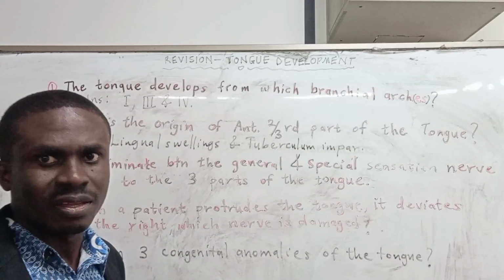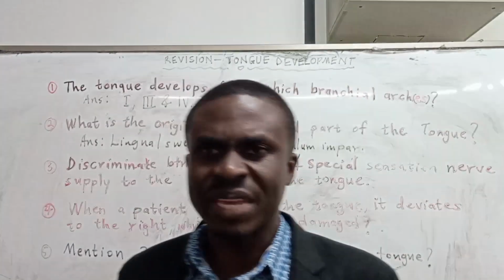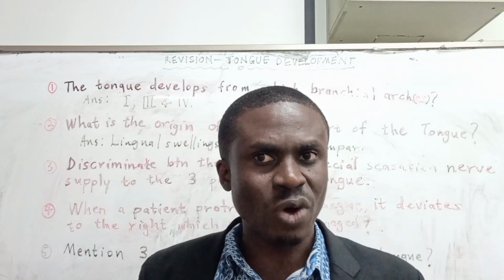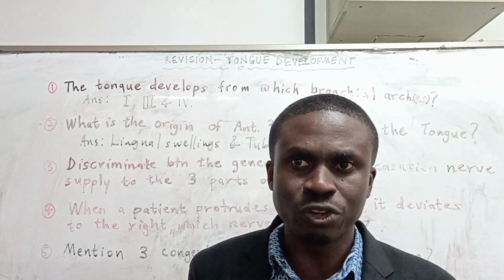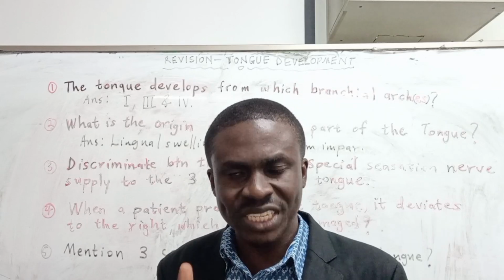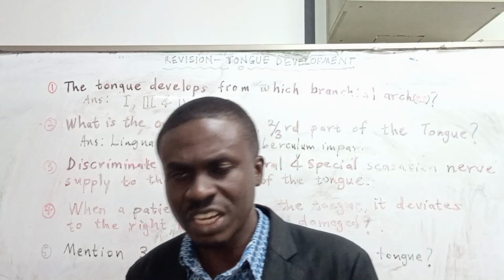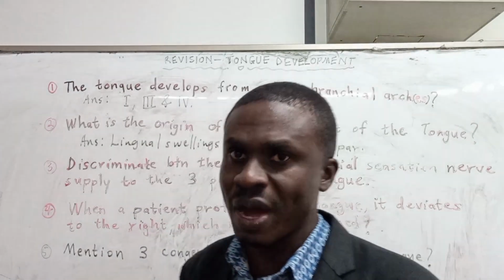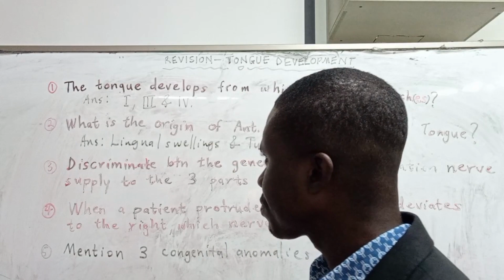Yes, that single median swelling, although it doesn't contribute significantly, although largely the lateral lingual swellings are doing that, this median lingual bud also contributes. So whenever you are asked to tell the structures that give rise to the anterior two-thirds portion of the tongue, you don't forget the tuberculum impar after you put down the lateral lingual swellings.